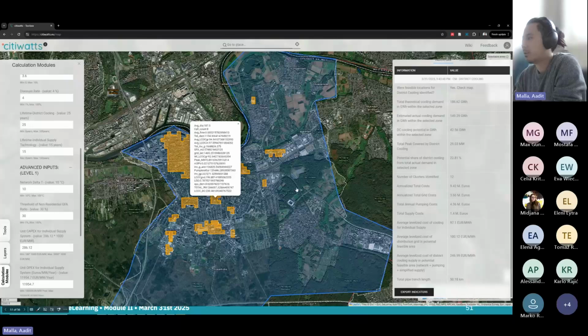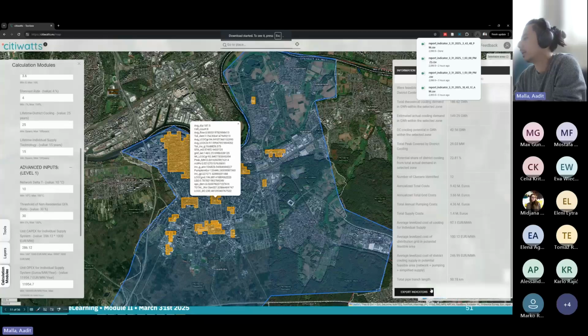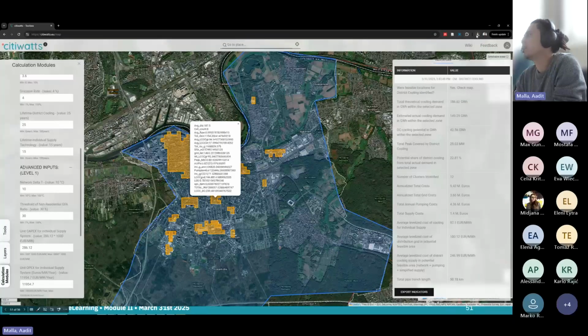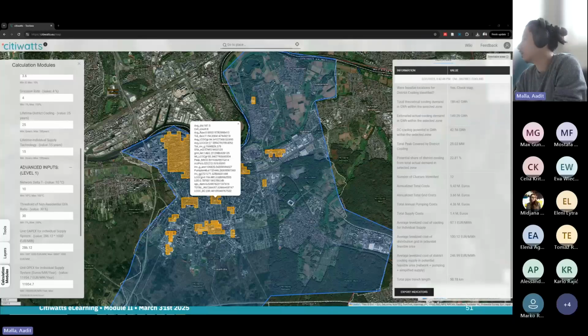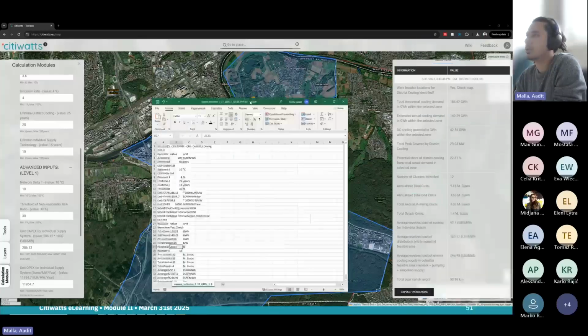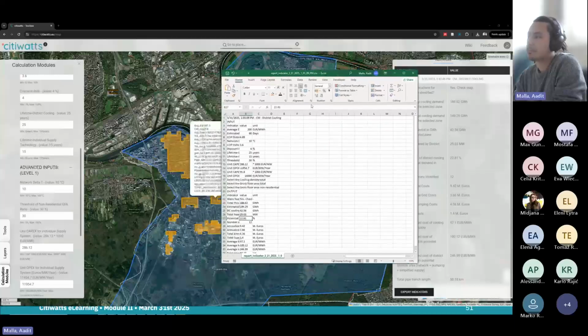And to make the scenario assessment easier, we have formulated an Excel-based tool similar to what was shown for other calculation modules already. So you can export the parameters, which I have here already, and they would look something like this.